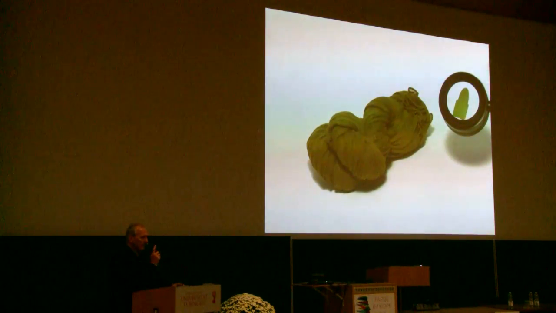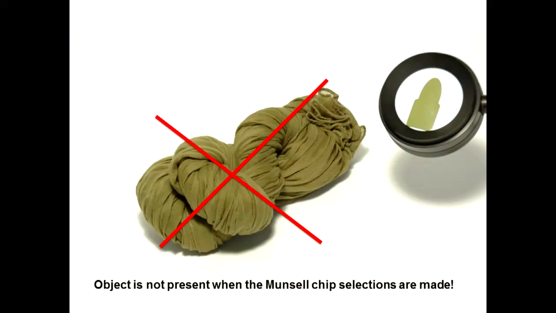But the crucial part about this experiment is that the object was never present when the observers made their matches, when they selected the chips. That is, observers brought in these objects and we shut them away in a closet for a few weeks, and the observers came to the lab.